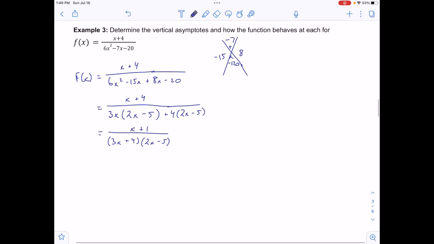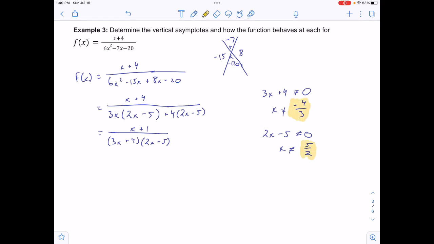Now I can go ahead and find the location of my vertical asymptotes. I'm going to set each factor not equal to 0, and then rearrange to solve. So our two vertical asymptotes in this case are located at negative 4 over 3 and positive 5 over 2.